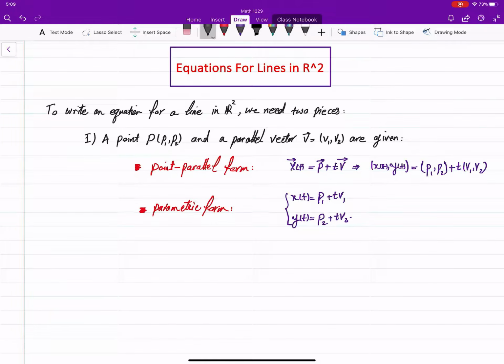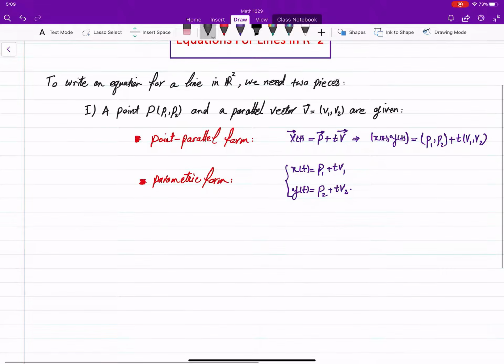This happened for the lines also. There was another third option, which was two points, P and Q given.